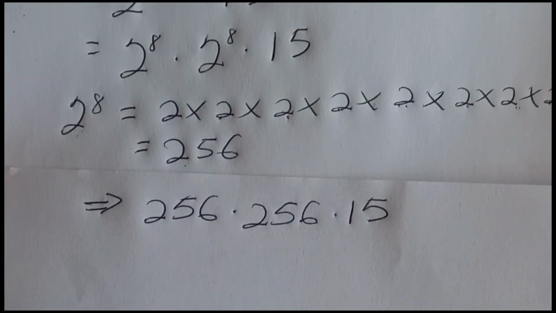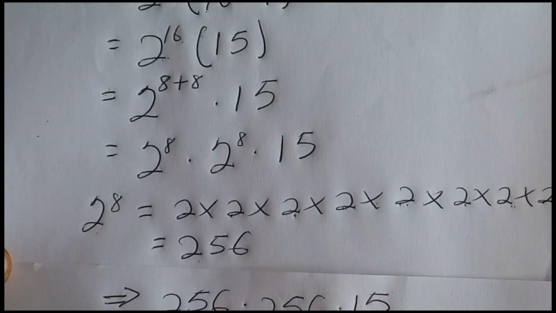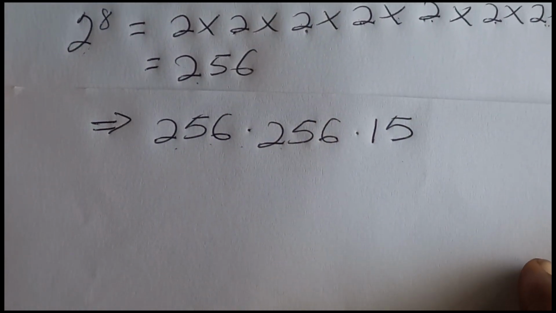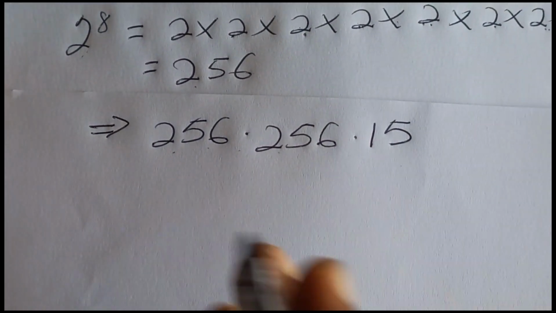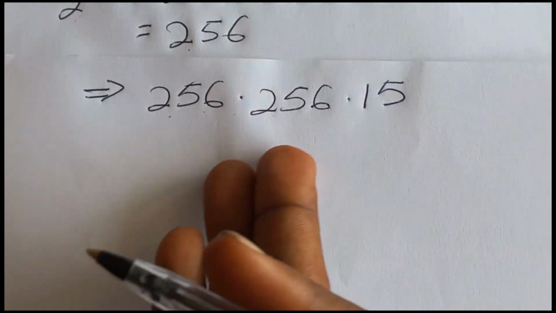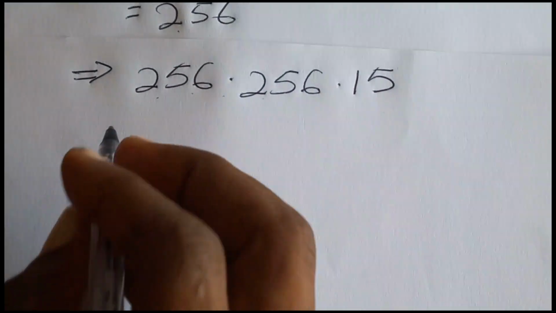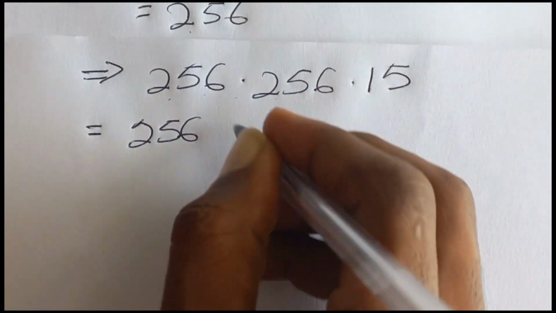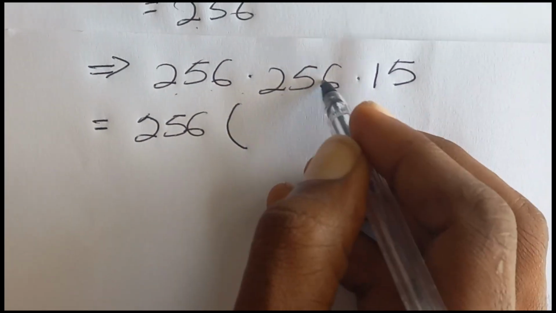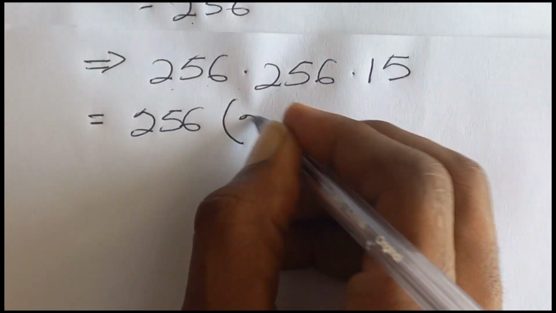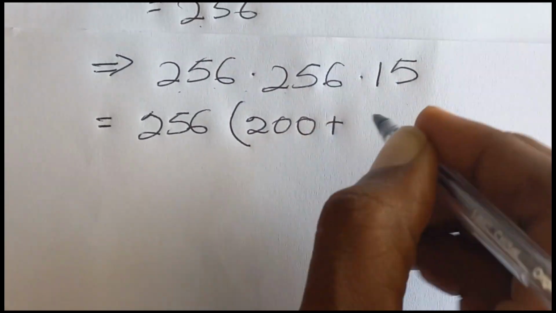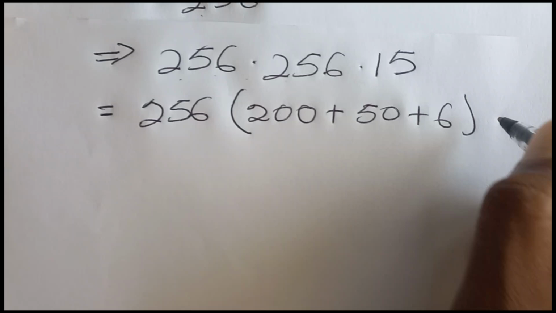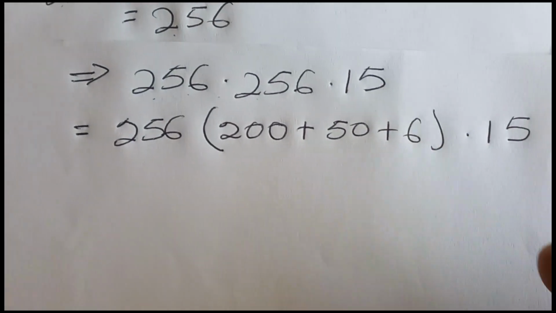And also 256 times 256, because we are restricted not to use a calculator, some of us can't just go straight by this. So we can write this as 256 into bracket, then we break this 256 into 200 plus 50 plus 6, multiplied by 15.